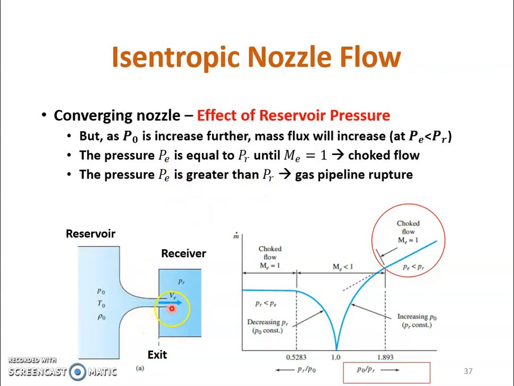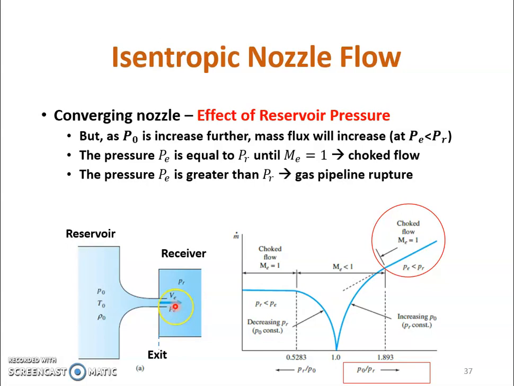If you attach it to the pipeline here, this is actually the cause of the pipeline rupture, because it cannot withstand the increase in pressure here, and also the mass flux. Some of the mass flux is already turned sharply at this condition, so it can make the pressure at the exit greater than the PR, and it can cause this gas pipeline rupture. So this is a very undesirable effect.